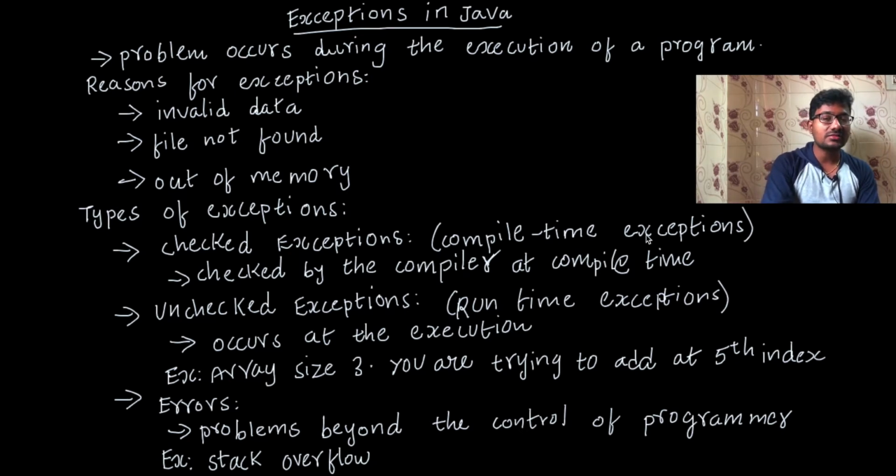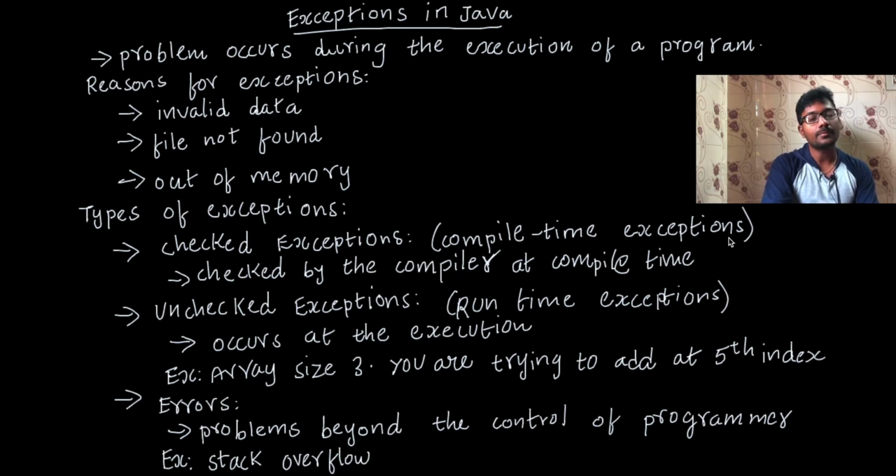We can relate this to a real-time scenario. For example, if you are going from home to your college or office, and it's the rainy season, then you know that you should take an umbrella or raincoat to manage if rain comes. So here we are trying to overcome that exception, which is a compile time exception.